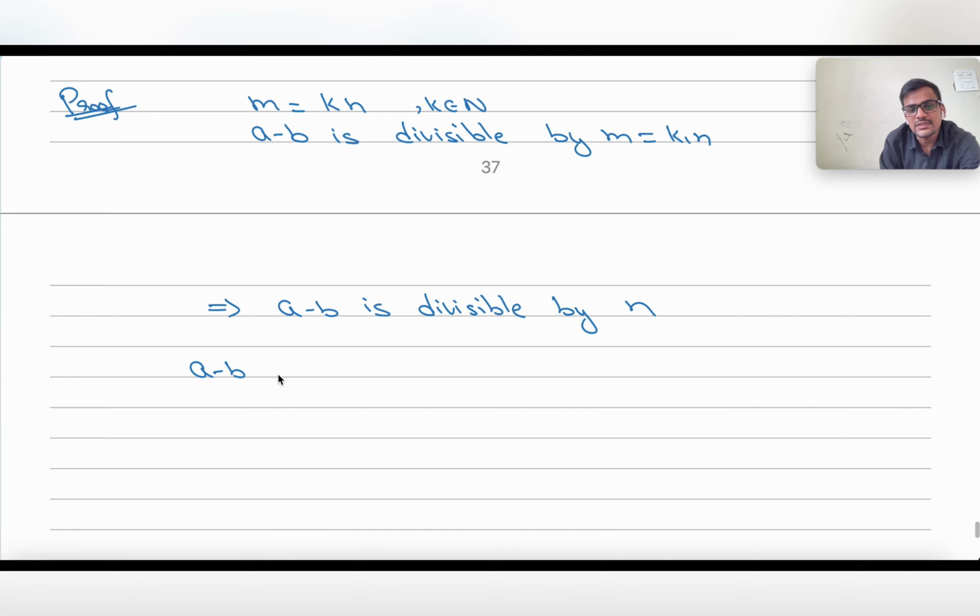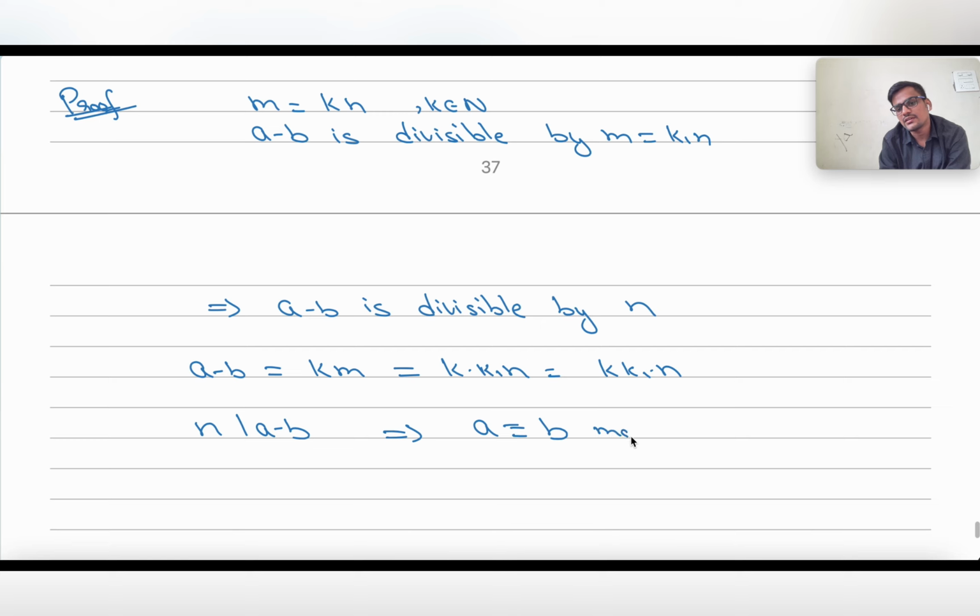Because A minus B is nothing but K1 times M, and M is nothing but K times N, so it is K1 into K into N, right? So A minus B is a multiple of N, it means N will divide A minus B, and this will imply A is congruent to B modulo N also. So this is my sixth property, right?